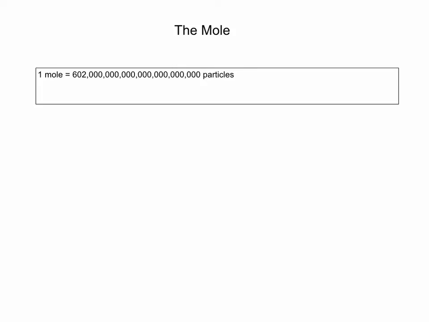This is a huge number. If I translate this number into words, this is 602 sextillion particles in 1 mole.